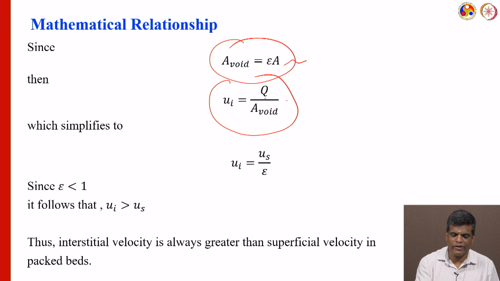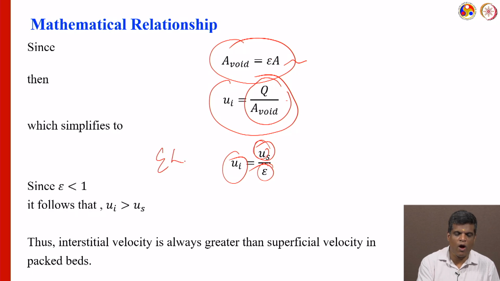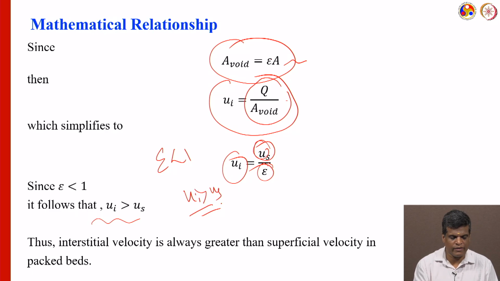Then we can write this with Us, the superficial velocity: the ratio of superficial velocity by porosity gives Ui. Since epsilon is less than 1, it follows that Ui is greater than Us. So the interstitial velocity is always greater than the superficial velocity in the packed bed.